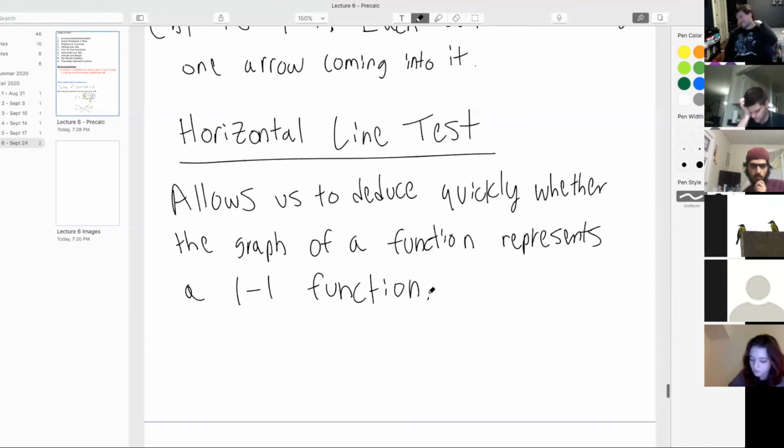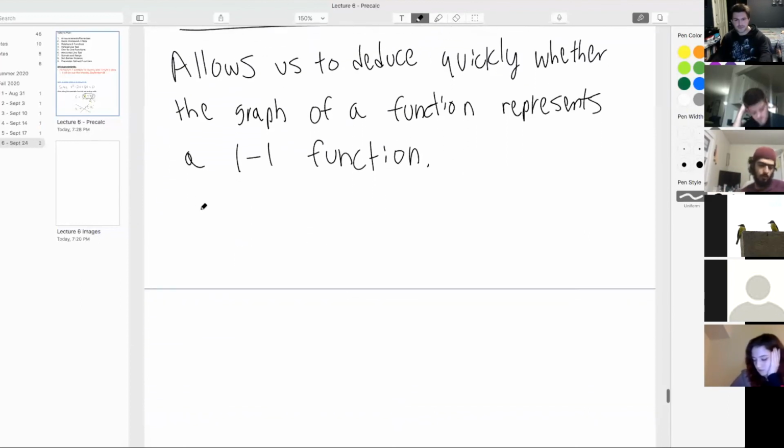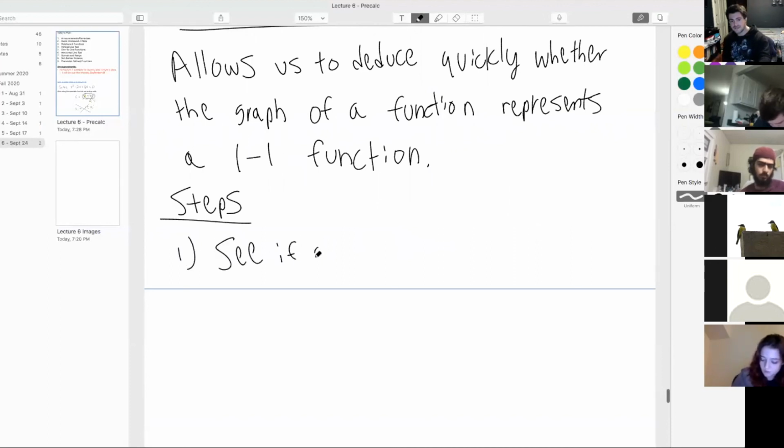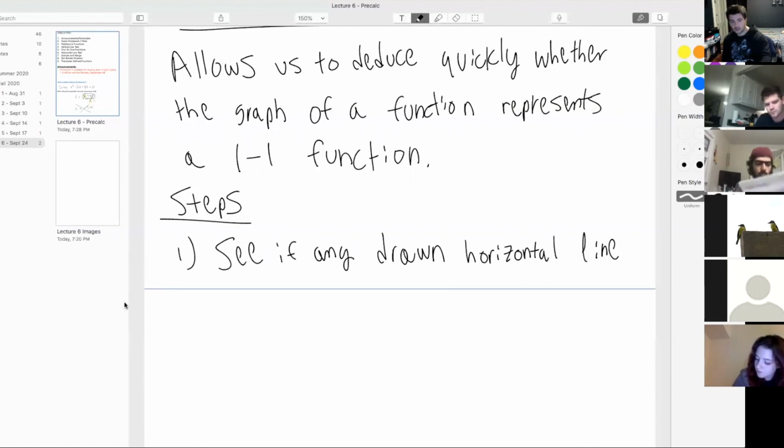It's in the same spirit as the vertical line test, except we draw horizontal lines instead. Let me write this out formally. Step 1, see if any drawn horizontal line would intersect the graph more than once.